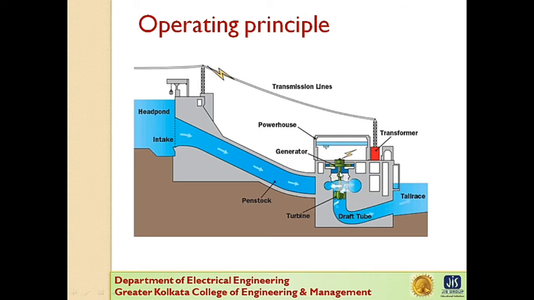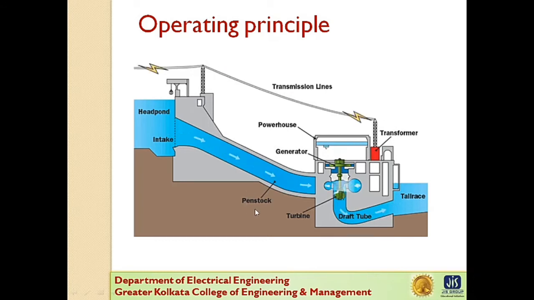Now, the turbine captures the energy in the falling water and changes the hydraulic energy into mechanical energy, and then it drives the generator where the mechanical energy is converted into electrical energy.